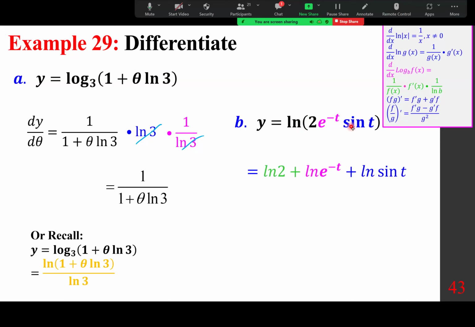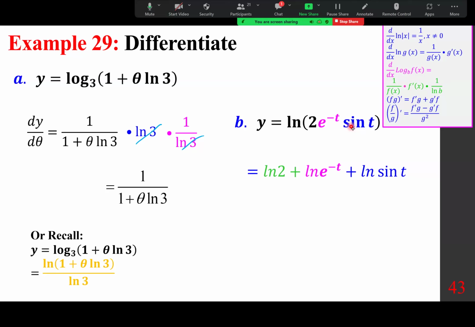This has got nothing to do with calculus, everybody. We are completely decomposing the log.